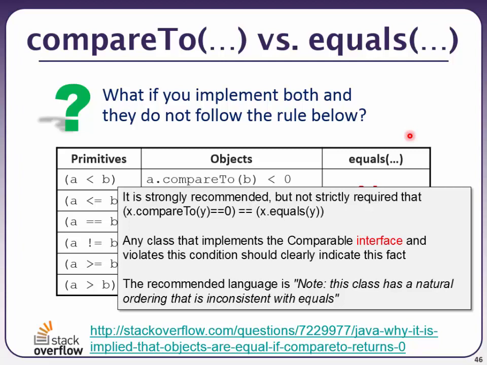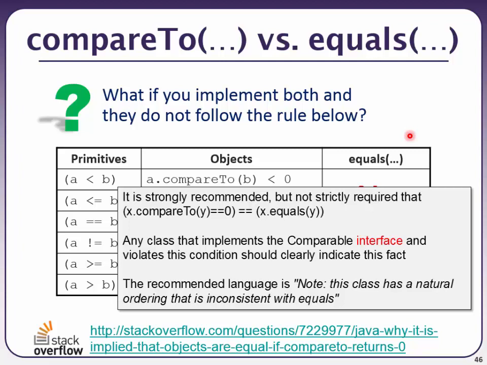It's not recommended in the sense that if you want to take objects of your class Employee and have them stored in a Java collection, sorted maybe, the Java collection is going to assume that compareTo and equals behave the same. So you need to be really careful when you decide that you don't want those two methods to be compatible with one another.